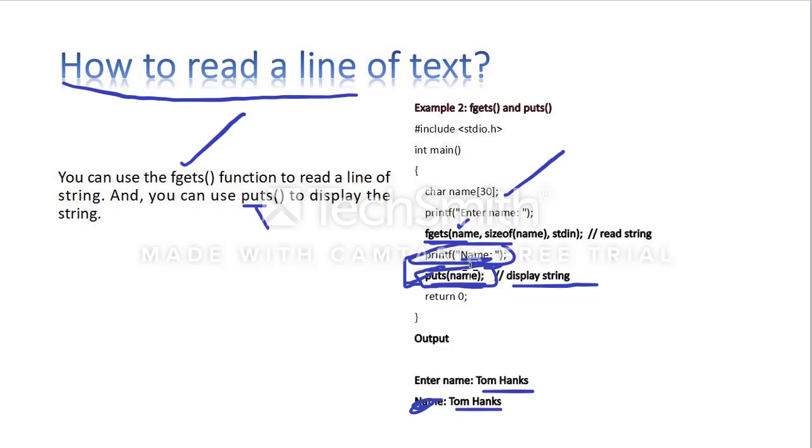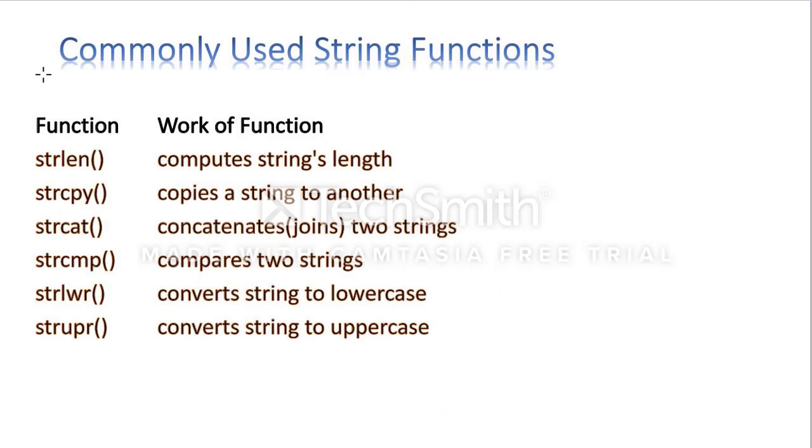So these are the predefined functions for taking a line as a string, or different words or a sequence of characters, which you can take from the user. Those are the functions when you take the input as a string using gets, and if you want to display or print the string on your screen, use puts.